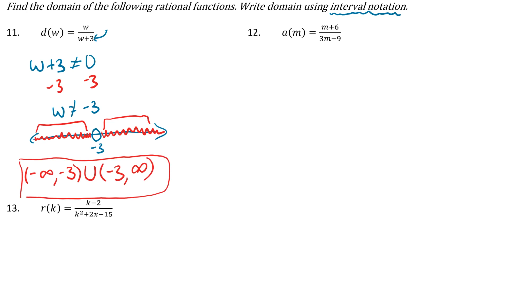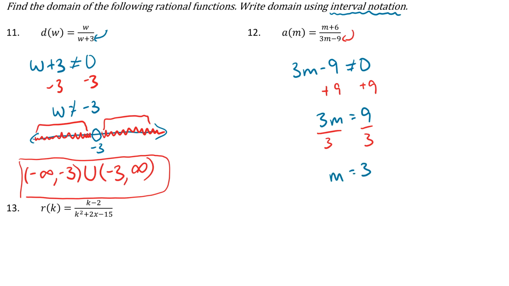Alright, number 12. So again, we're just going to look at the bottom of this fraction. So we got 3m minus 9 can't equal 0. So we're going to add 9 to both sides. Get 3m equals 9. Then we can divide both sides by 3. Get m equals 3.